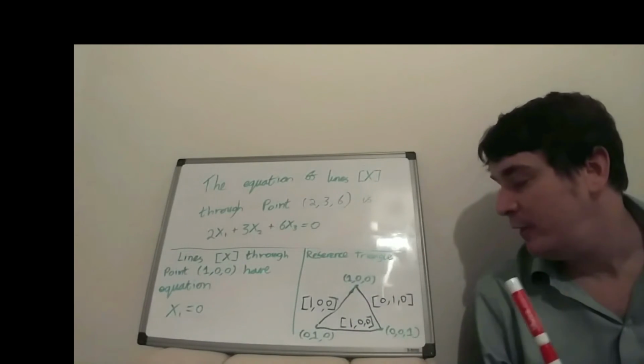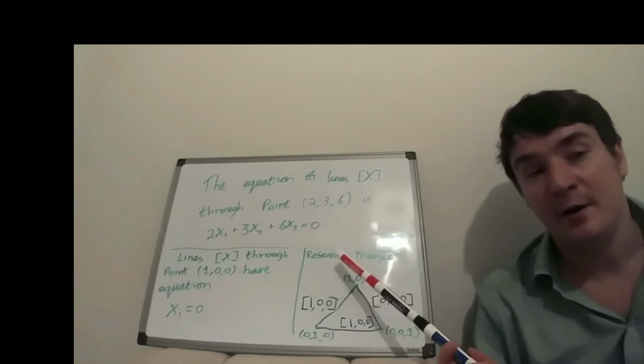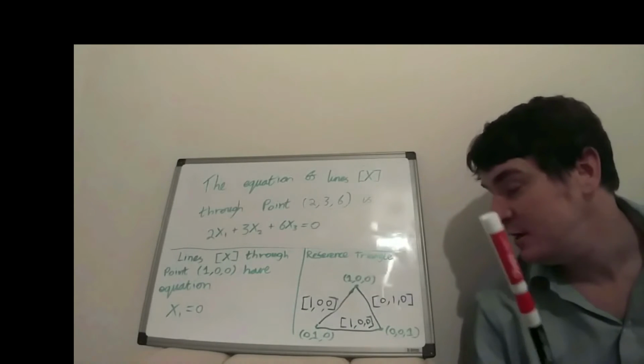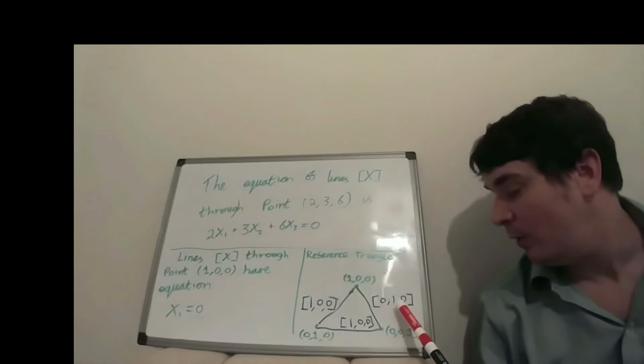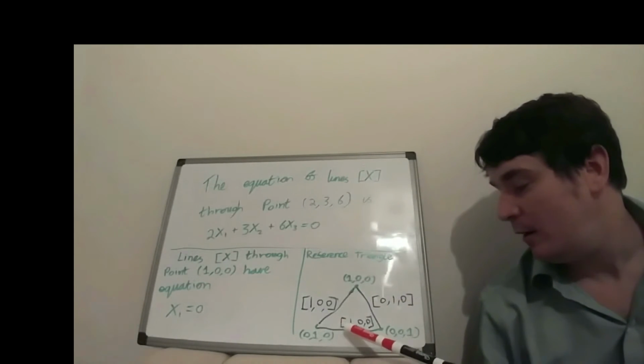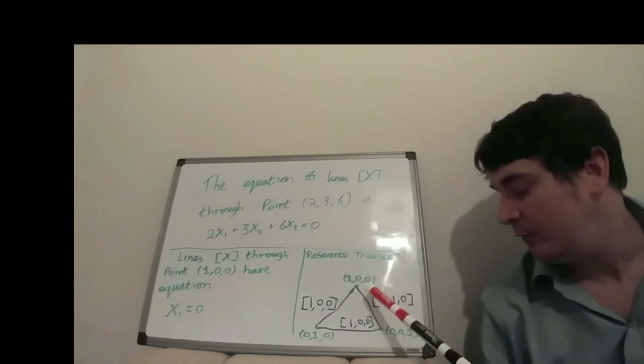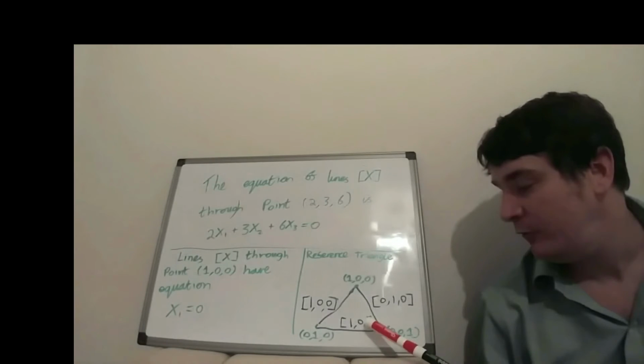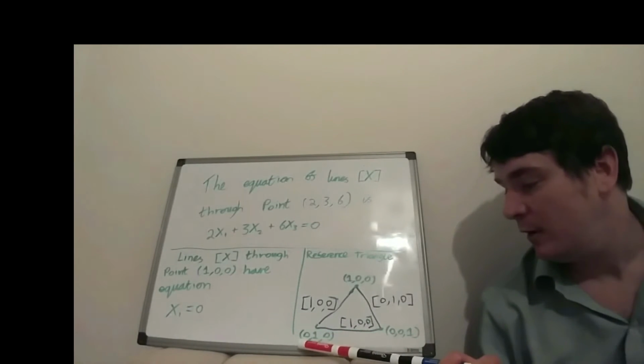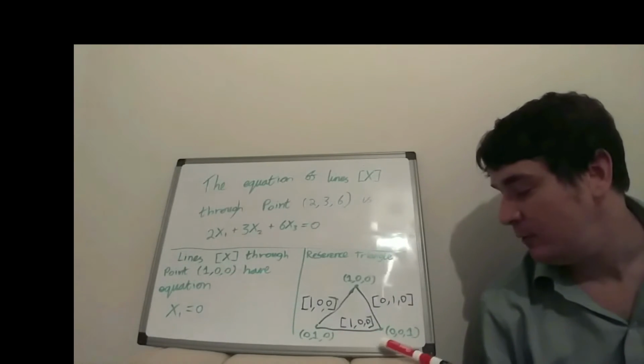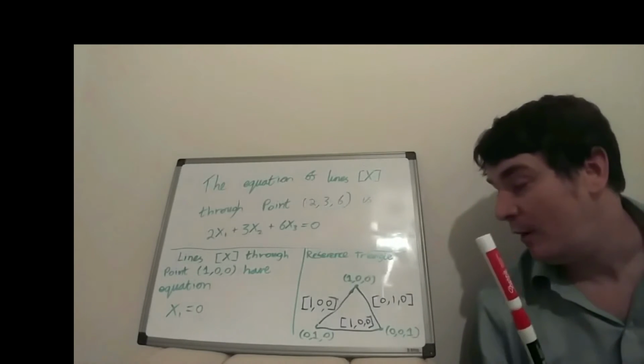far that this reference triangle also has these 3 special edges. 0, 1, 0, joining points 1, 0, 0 to 0, 0, 1. Line 1, 0, 0, joining points 0, 1, 0 to 0, 0, 1, and so on.